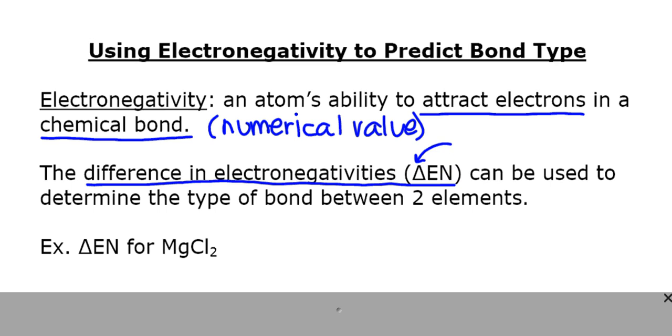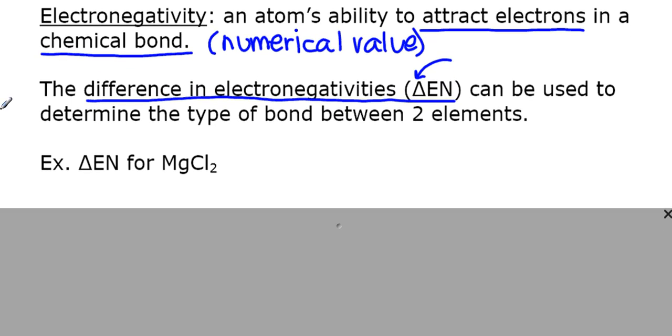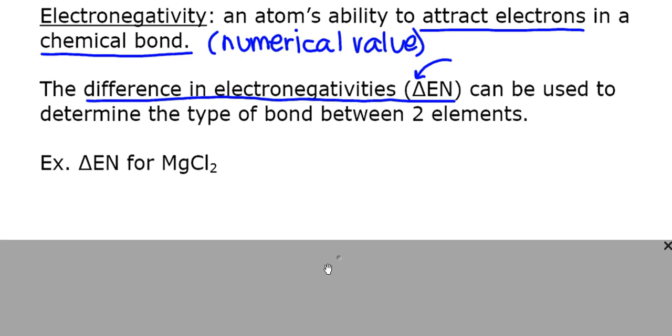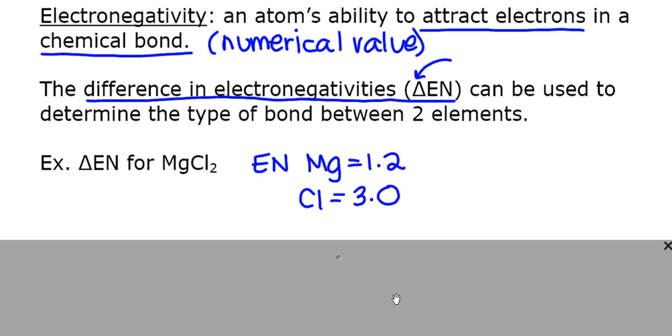So if, for example, you just had to calculate a difference in electronegativity, and let's say we do it for magnesium chloride, I would go to my periodic table, and the electronegativity value for magnesium, when I look that up, is 1.2, and my electronegativity for chlorine is 3.0.